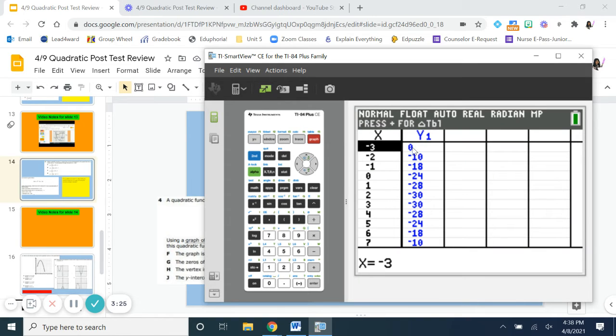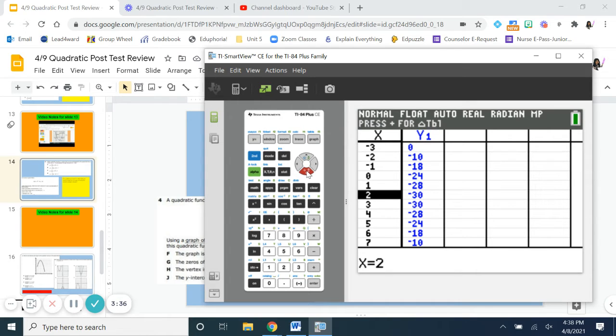So at 0, I'm going from negative 10 to negative 18 to negative 24. It looks like I'm decreasing because I'm getting lower into the negatives. And then I notice here it's at negative 30 and then negative 30 again. And it looks like it's starting to increase again. So I want to go back, and I notice that these two numbers are the same for the y values. So my vertex probably hit somewhere in between.